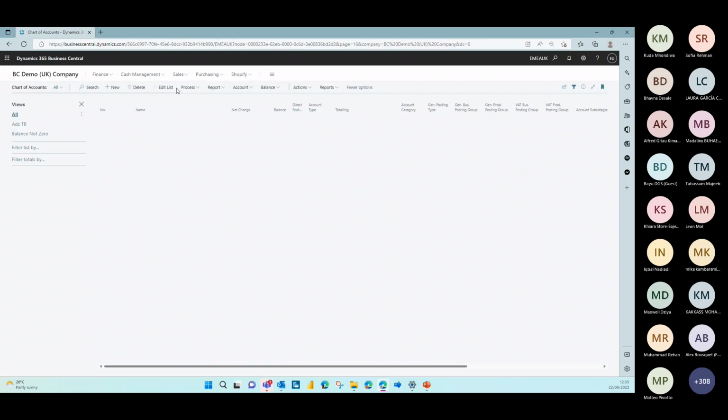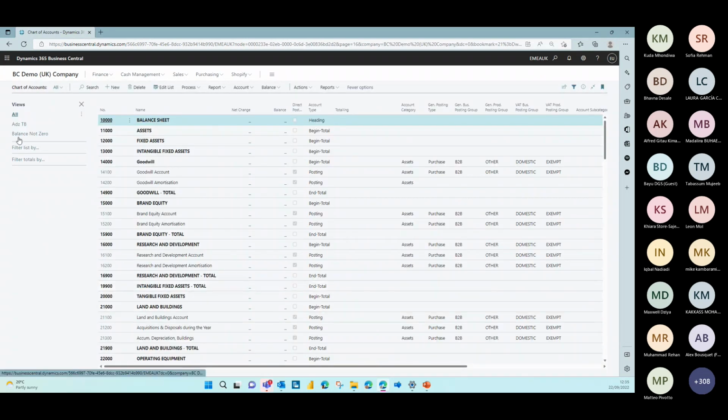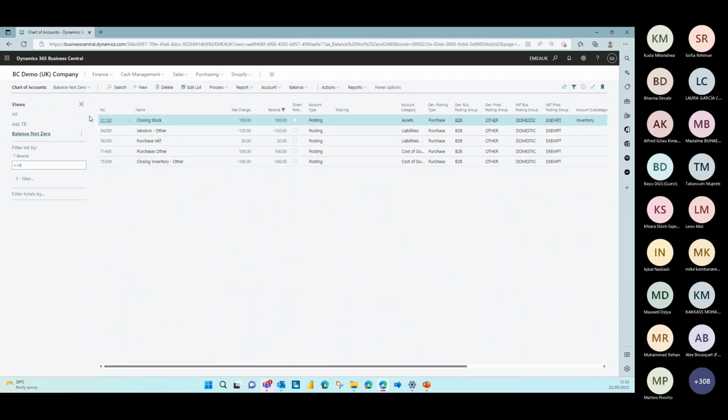And you will see on my chart of accounts the posting we were talking about. It'll post to the balance sheet and to the P&L for the closing stock, and then the purchases and the VAT and the accounts payables will post there.